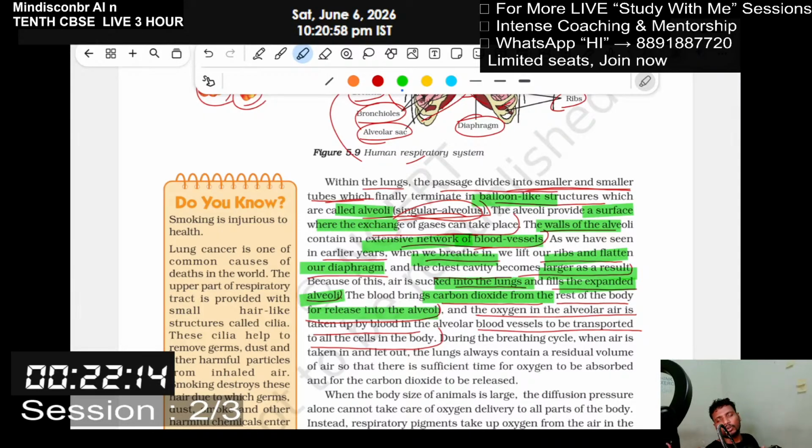From the alveolar sac, oxygen is transferred to the bloodstream, and from blood it goes to different cells, where respiration occurs, and the end product carbon dioxide then again flows through the blood network and reaches the alveoli, alveoli to bronchioles, bronchioles to bronchi, bronchi to trachea, trachea to nostrils, and then finally gets out of the body.